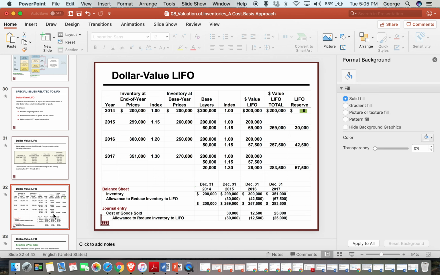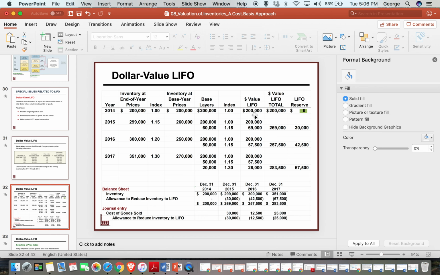Now this is going to look ugly. We're going to compute the ending inventory under dollar value LIFO. In the base year we have no LIFO reserve. We have $200,000 of inventory, and no reserve because the inventory at year-end prices, 200,000, is the same as the LIFO amount of 200,000.